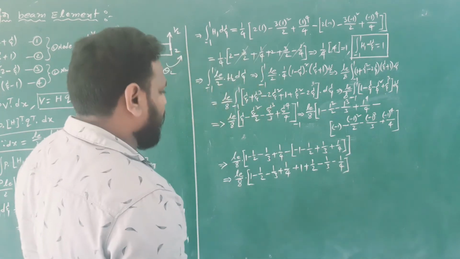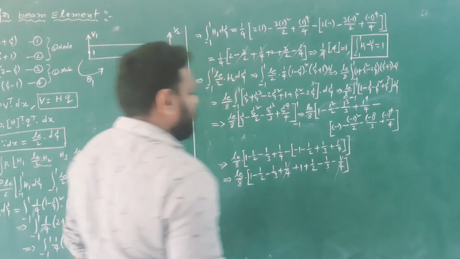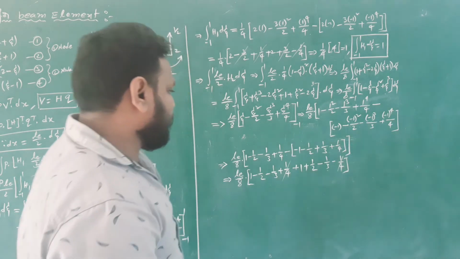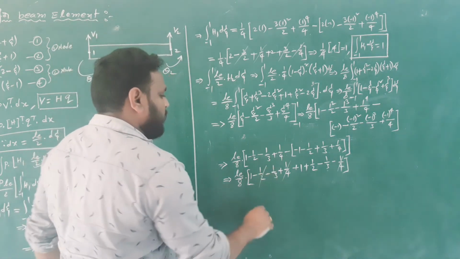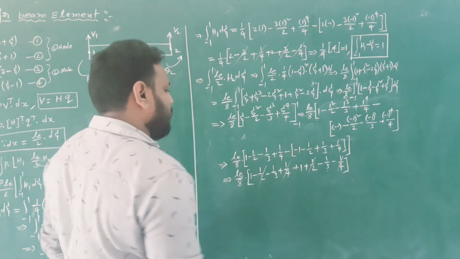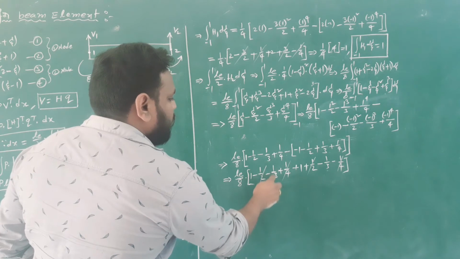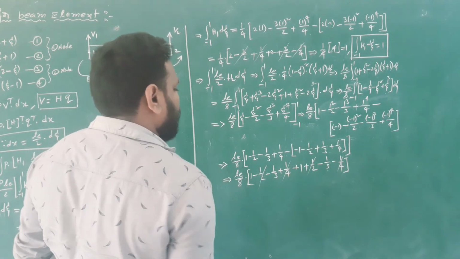Now here 1 by 4 is there, here also 1 by 4 is there, so minus 1 by 4 plus 1 by 4 cancel. Next, 1 by 2 minus 1 by 2 plus 1 by 2, so remaining is 2 minus, here minus 1 by 2, minus 1 by 2, that is 2 minus 2 by 3.